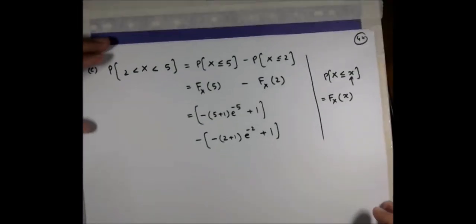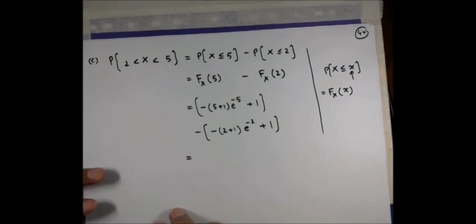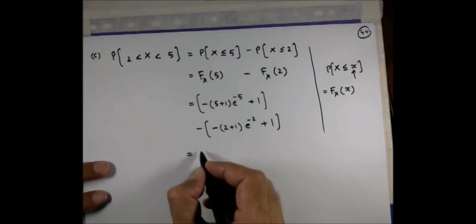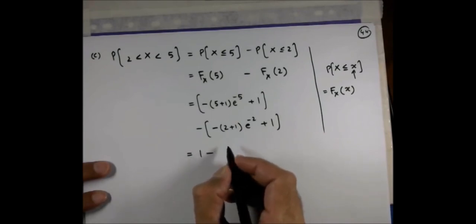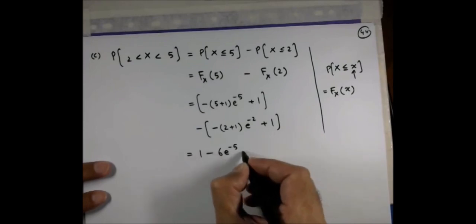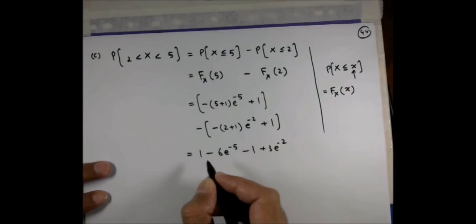So you see, we can now calculate this so easily. If you do these multiplications and additions etc., you will reach this point where you will have 1 minus 6 e raised to power minus 5 minus 1 plus 3 e raised to power minus 2.